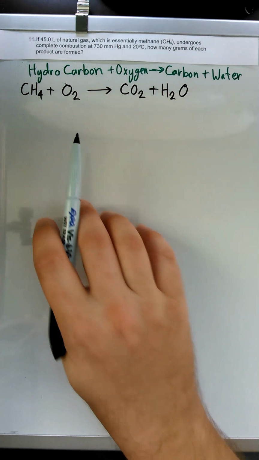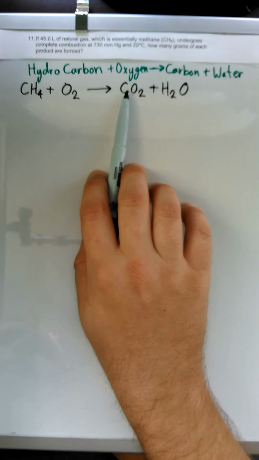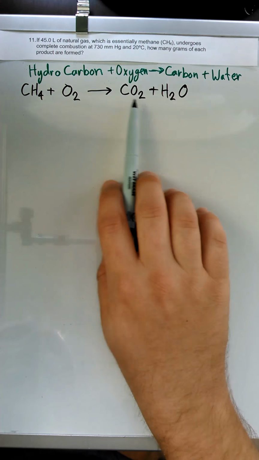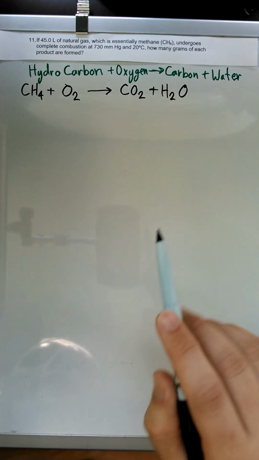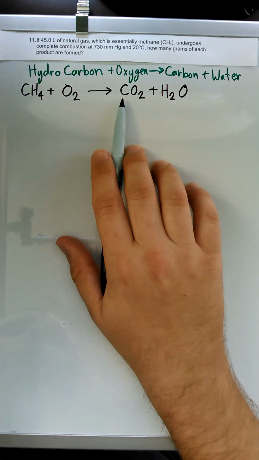Now, when I balance combustion reactions, I always balance the carbon on both sides first, then the hydrogens, and finally the oxygen last. This one is pretty straightforward. We have one carbon reactant, one carbon product.